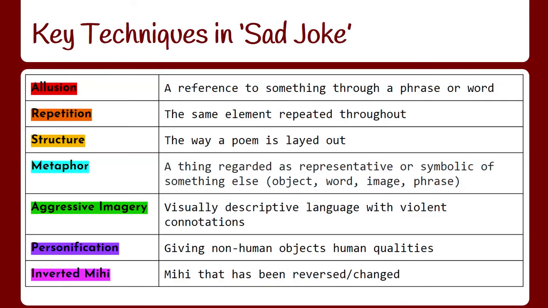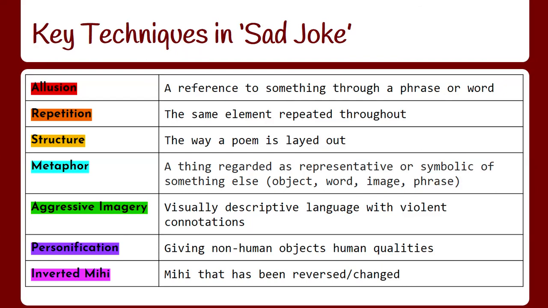So as I discussed in the previous video, these are the techniques that you will need to be familiar with from Sad Joke on a Marae. And as you can see, they're all color-coded. Now I recommend that you take these notes, what's on the screen right now, you write that down or get a copy of it from Classroom Notebook and color code these same things.